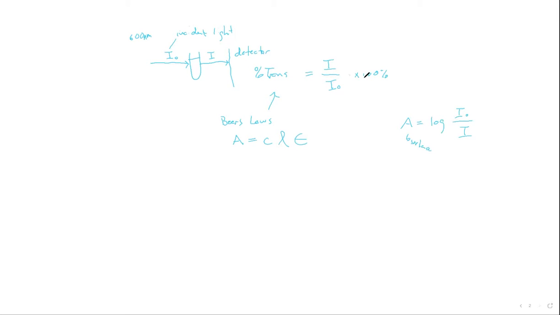I think percent transmittance is easier to understand, right? It's the light that goes through compared to the light that went in, times 100, a percent that gets transmitted through. The absorbance is a little bit harder to understand. It's the logarithm of the inverse of the fraction of the transmitted light. I think that's the equation. But what the absorbance has that the transmittance does not have is this linear relationship. So this linear relationship is what we're going to take advantage of.